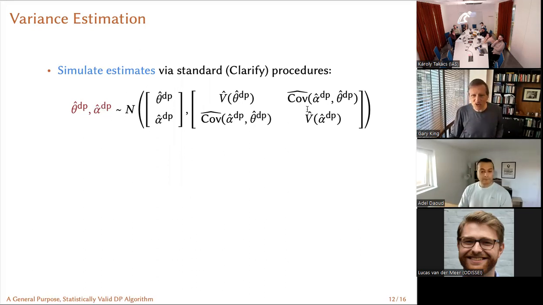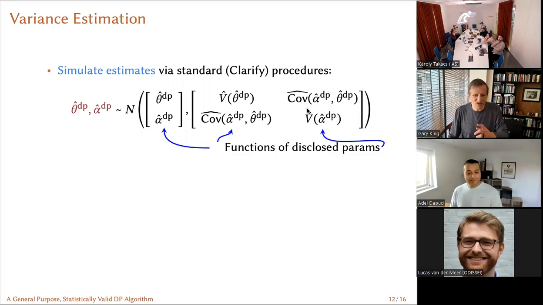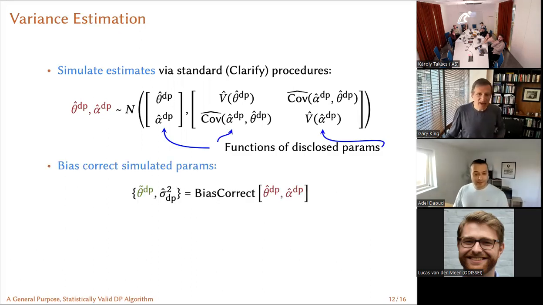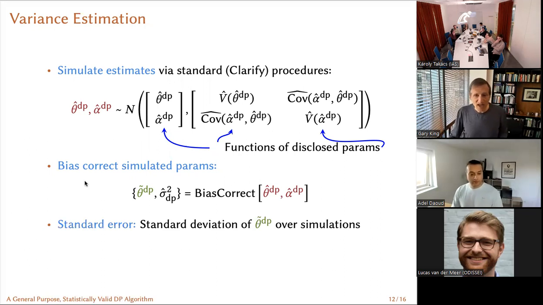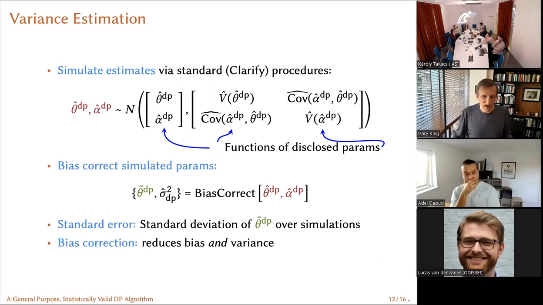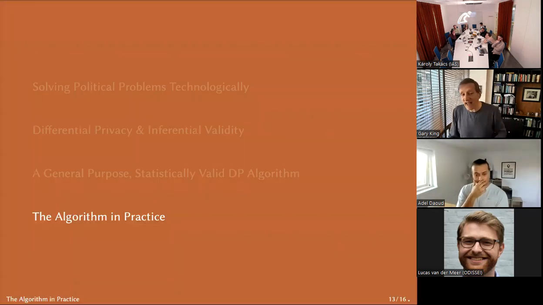We know that this is true, and it turns out that these are functions of the disclosed parameters. You can use standard Clarify-like simulation approaches to take these, stick them in here, and get the quantities that we care about. This is the bias-corrected quantity that you care about. The standard deviation is the standard deviation over the simulations. The bias correction turns out to reduce bias and variance.